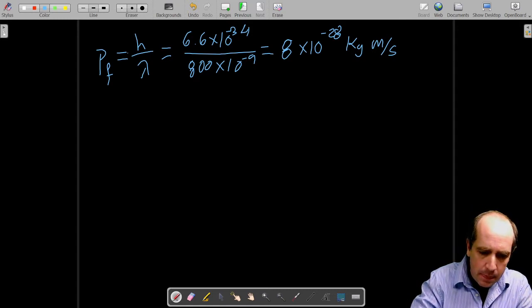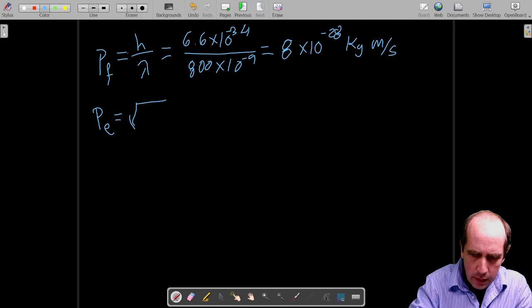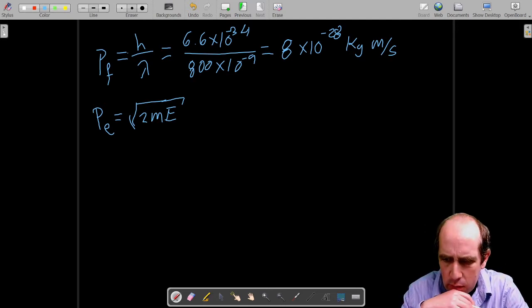So the first approximation: the momentum of an electron is given by the square root of 2mE. This is the same equation that we've already been using. The energy is p squared divided by 2m.